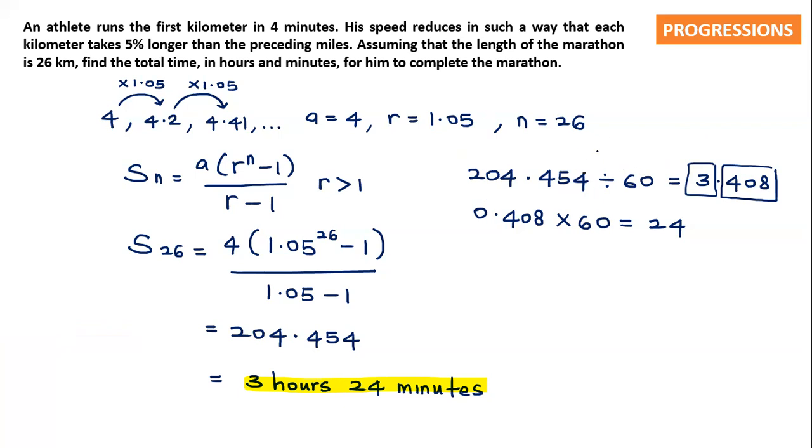To change into hours. The front figure here is a complete 3 hours already. The behind one is the minutes, so you take back the decimals and multiply by 60 to get minutes. So that's why the answer is 3 hours and 24 minutes.